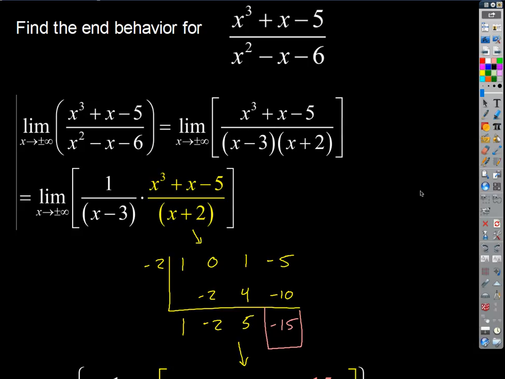And one method for doing this would just be to use long division, right? And that's going to always work. So I could divide this out. If I use long division, I'm going to end up getting, because the top is one degree higher than the bottom, a line plus some remainder term, which will go away if I let x approach plus or minus infinity.